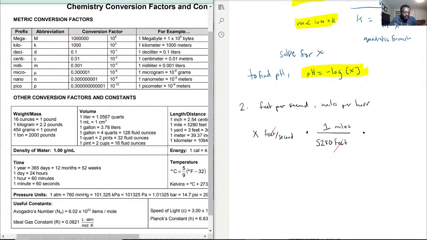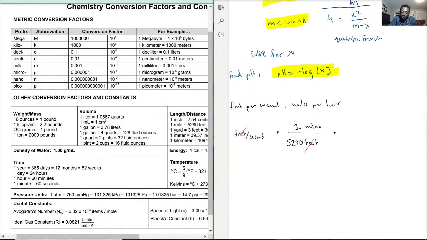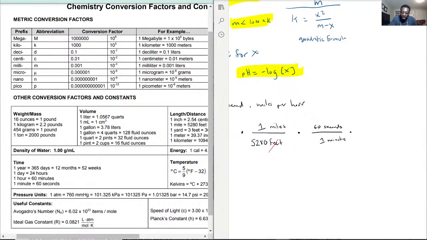Well, 1 minute is, I guess we can even do multiple steps here actually. So let's put 1 minute, okay, 60, whoops, you see even I make the mistake sometimes. I wrote it backwards, so 60 seconds per 1 minute times 60 minutes per 1 hour.